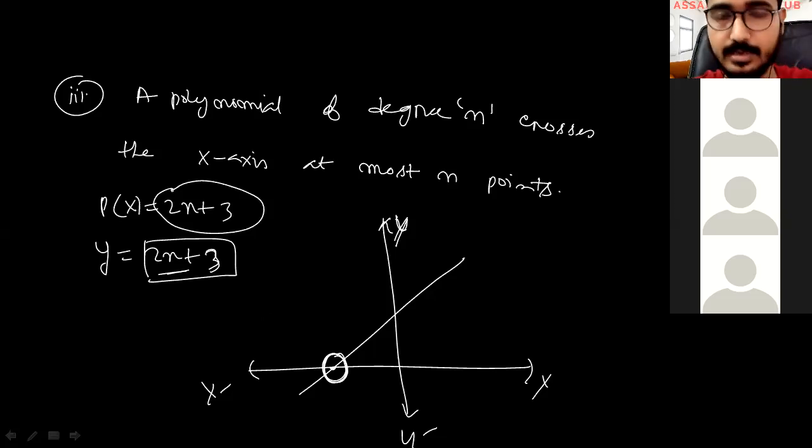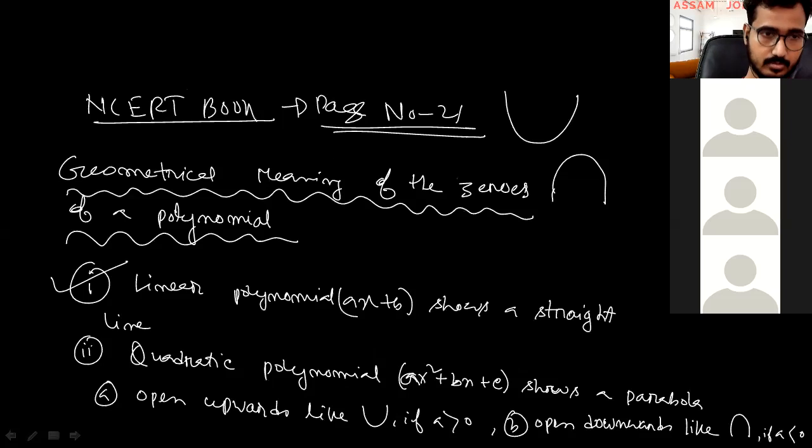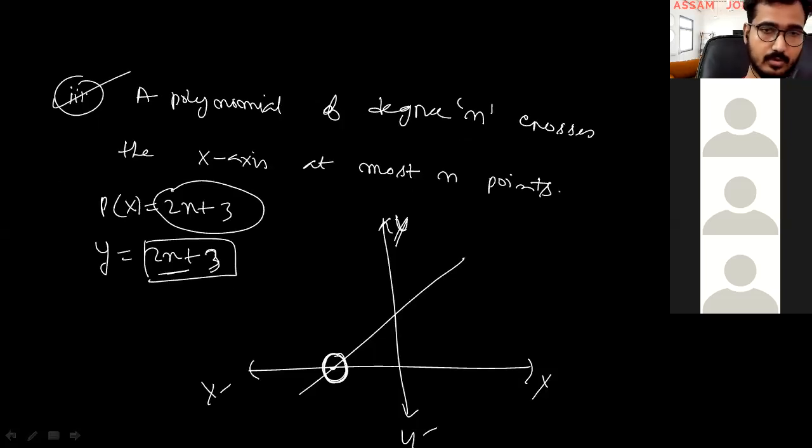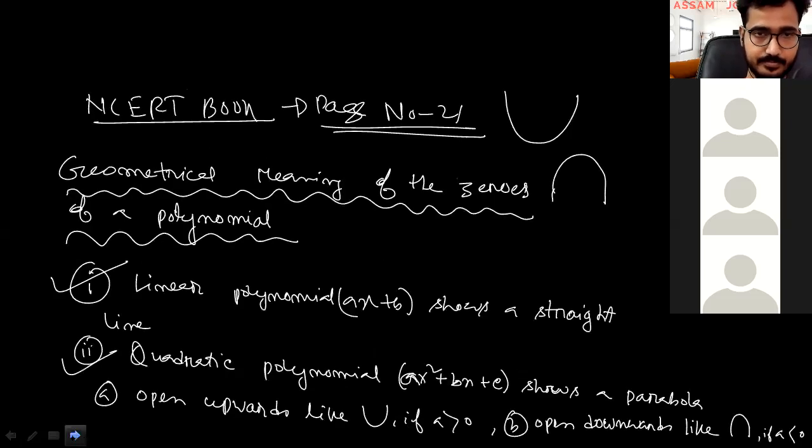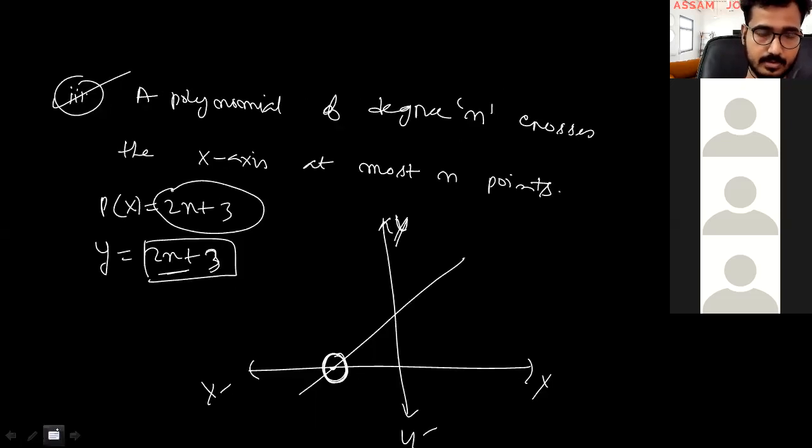So in such a way, you have to find how many solutions a polynomial has by looking at the graph of the polynomial. So this is just one example, and from tomorrow we'll discuss all these points: point number 1, point number 2, then point number 3. Okay, clear?